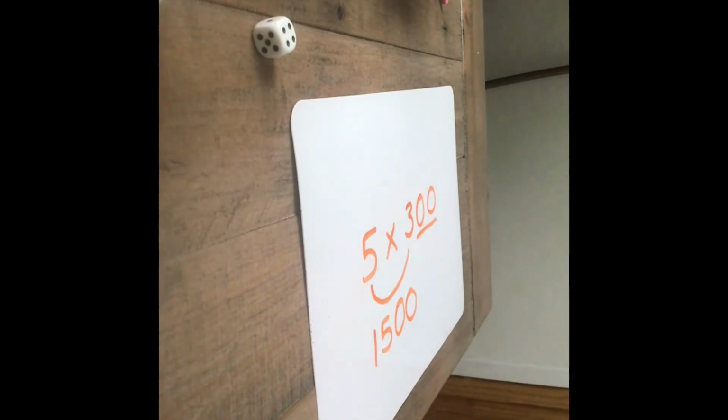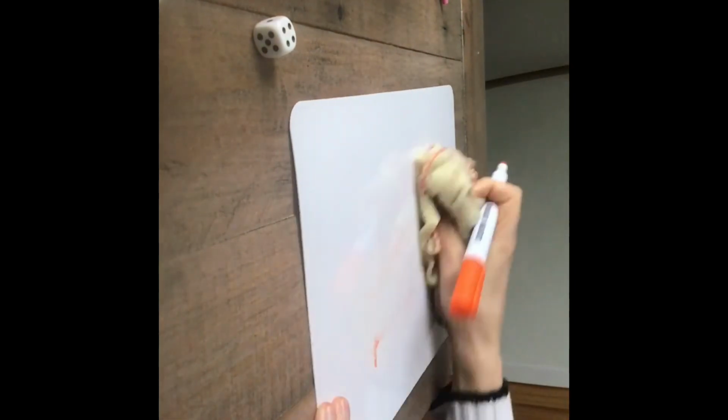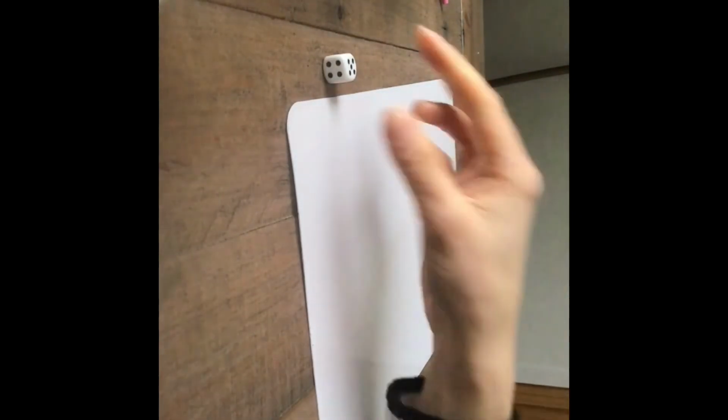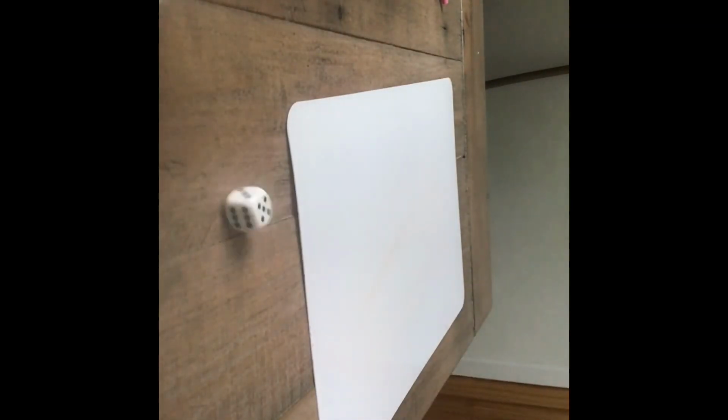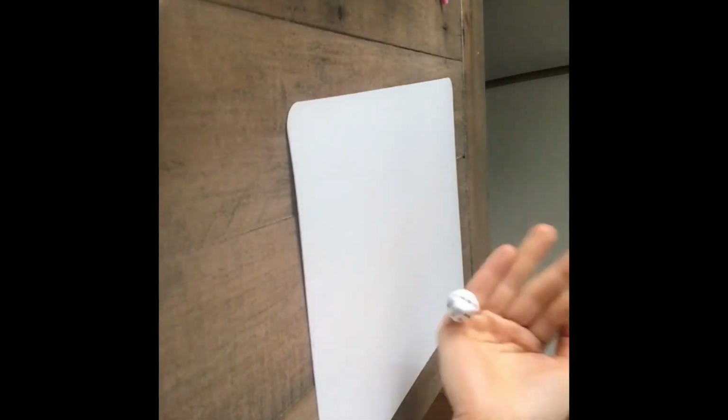And I'll show you one more. Roll my dice. Oh, 1 again, 5 again, 2 again. Right, I'm going to choose a different dice. I don't think that one likes it.